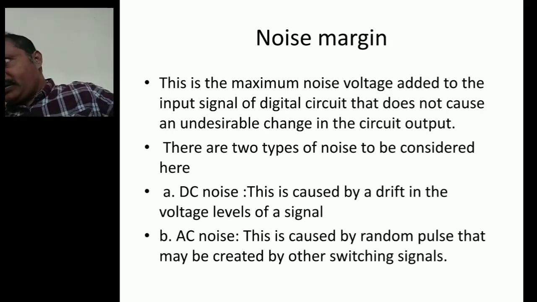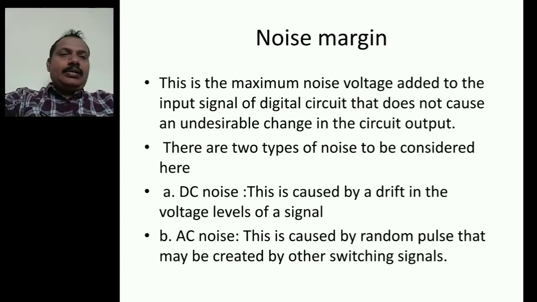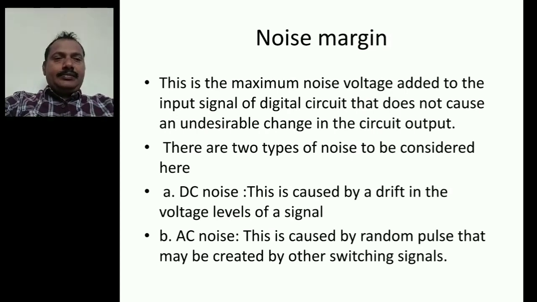For example, sometimes a drift may occur in the voltage level. So in such cases, sudden spikes cause DC noise. So this is one classification.